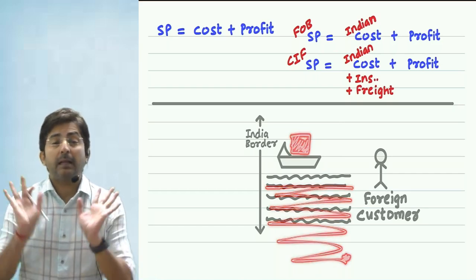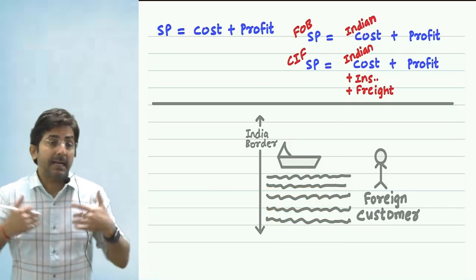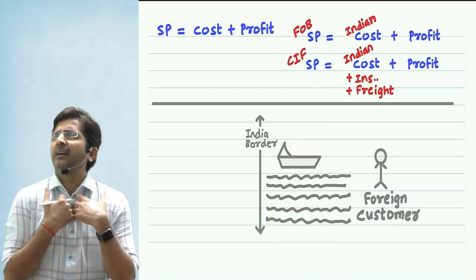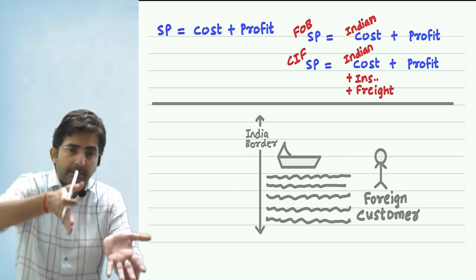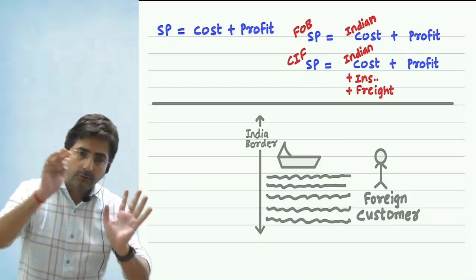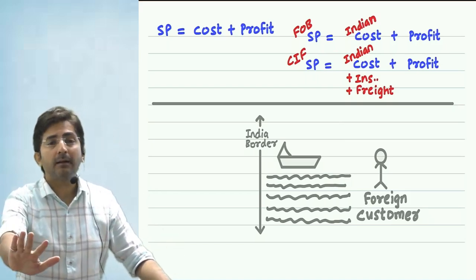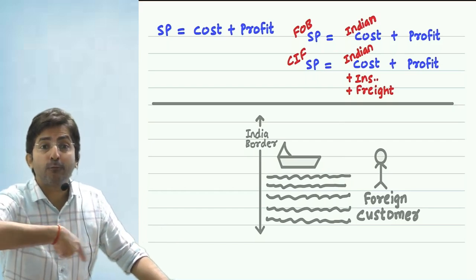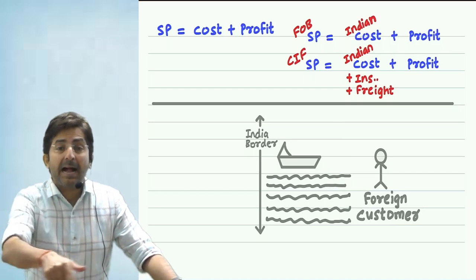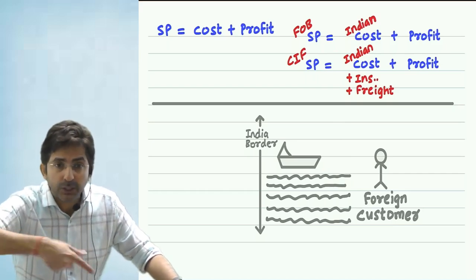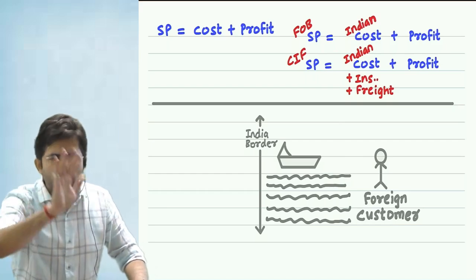But what did I tell my customer? All that is not my responsibility. As I said, I will be free. Feel the words: free on board. It means once I board the consignment on the ship, I am free. That means I will not incur the cost of freight which I have to give to the ship, and the cost of insurance of the whole journey from India to say London or any foreign country.